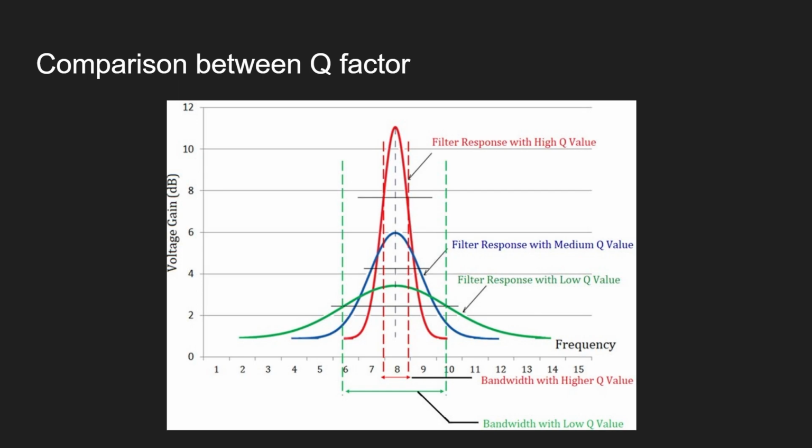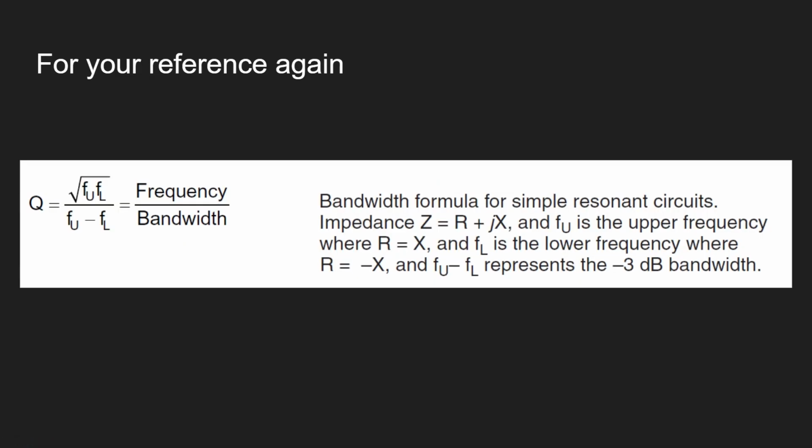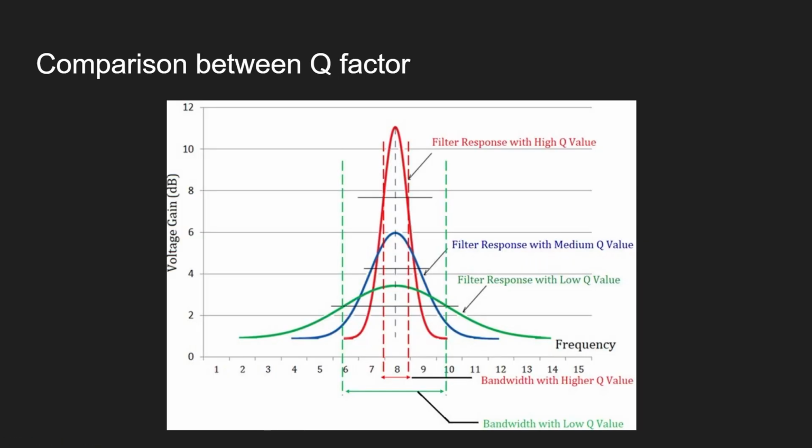For the green one we will measure here. You see that the negative 3 dB points go very far apart, so that's why we have a very low Q value. Just remember that it is related to the negative 3 dB bandwidth. You meet a lot of this kind of concepts.